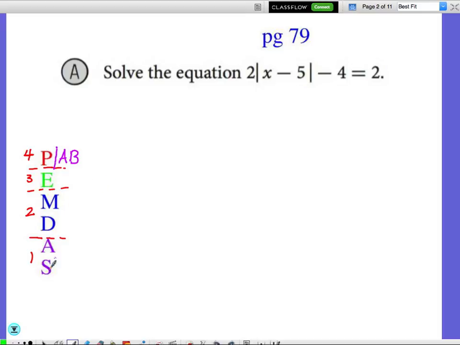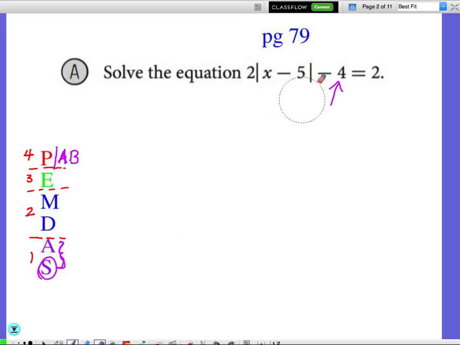So, following reverse PEMDAS, what I want to do is look to see if I have addition or subtraction. Well, you may say I have subtraction here, but remember, we leave anything inside the absolute value last. So this is last. That means that my other operation that I have here is minus 4, so I have a subtraction.